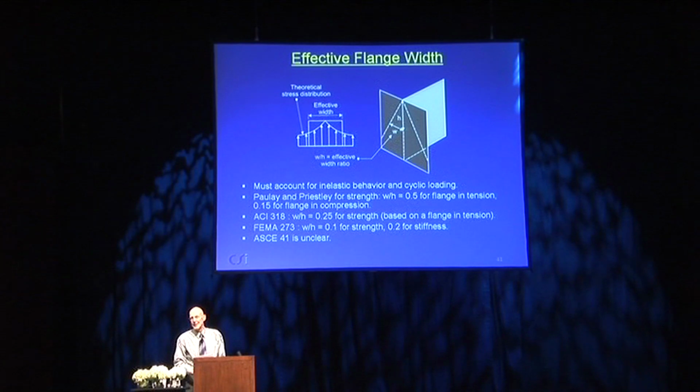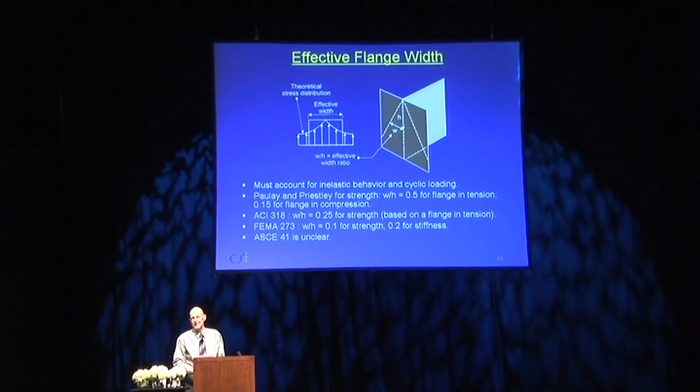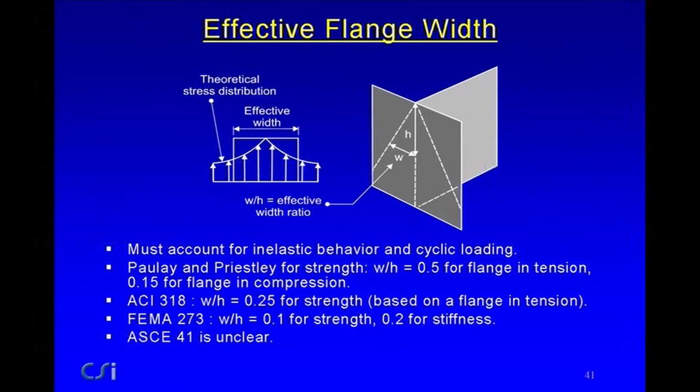There's something counterintuitive here: when it cracks in tension, you would expect the shear modulus to be smaller, and therefore you would expect the amount of shear lag to be larger, so you'd expect the effective width to be smaller. But nonlinear behavior is not what happens, and one of the things that Powell and Priestley observe is that in compression, after a few cycles, there's only a small amount of concrete which is in compression, and most of the other is still cracked, even when it's in compression, which is why they have a smaller value here.